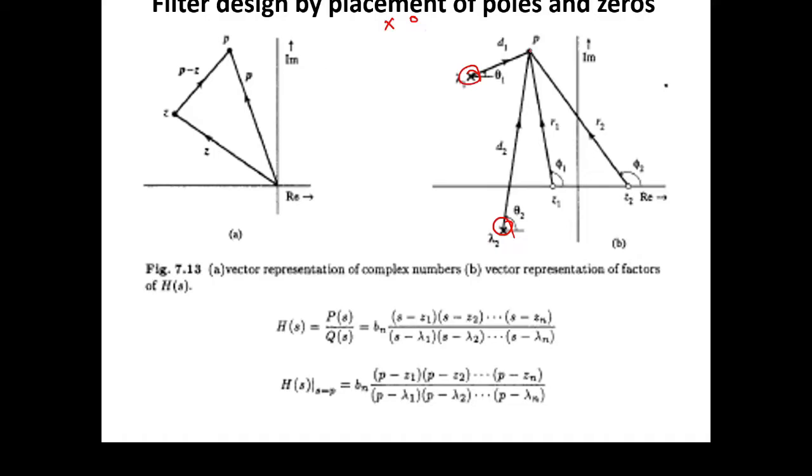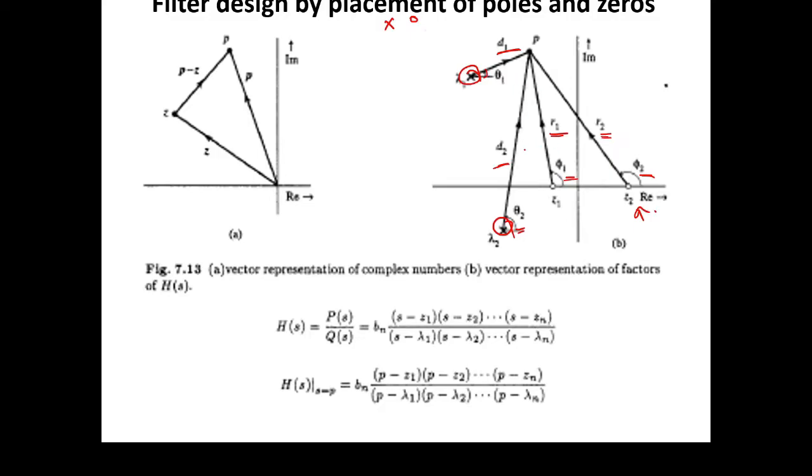There is a point P, and these are the vectors D1, and there is a phase, then D2, with a phase associated with that. For zeros also, there will be a vector and a phase associated with it, then another vector and another phase for the second zero.